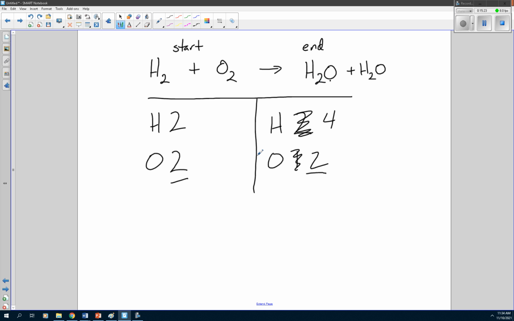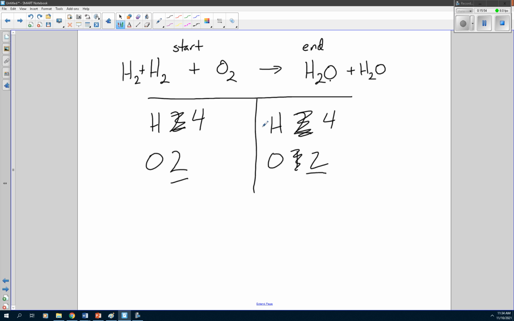So how would I fix this? That would mean if I end up with 4 hydrogens, I'd have to start with 4 hydrogens. So the only way to get more hydrogens, and again, the same reason I can't change this formula to an H4, I can't modify it. The only thing I could do is add more H2s. I need more H2 molecules, right? So if I had a total of 2 H2 molecules, so H2 plus H2, that would definitely get me 4 hydrogens.